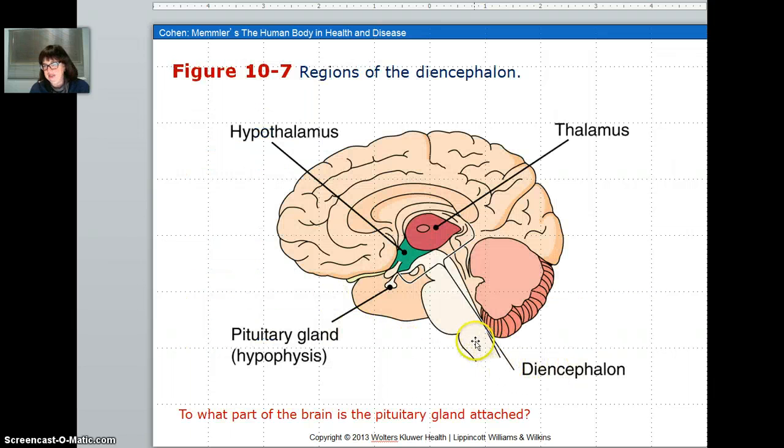So you have the spinal cord taking information. It's sorted in the thalamus, and then part of it's sent to the hypothalamus, but the hypothalamus helps maintain homeostasis. It controls the sympathetic and the parasympathetic nervous system of the autonomic nervous system. So this will control and influence heartbeat, blood flow, and hormone secretions.